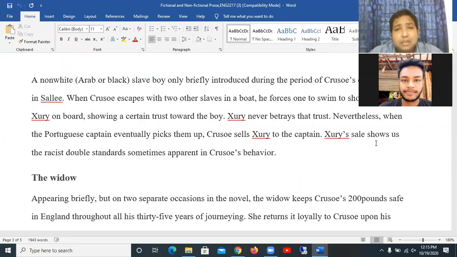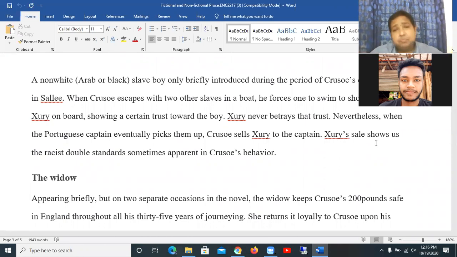How can it be possible? That is a kind of double standard that the racist people of England had. So Crusoe is a miniature of the empire building of England.